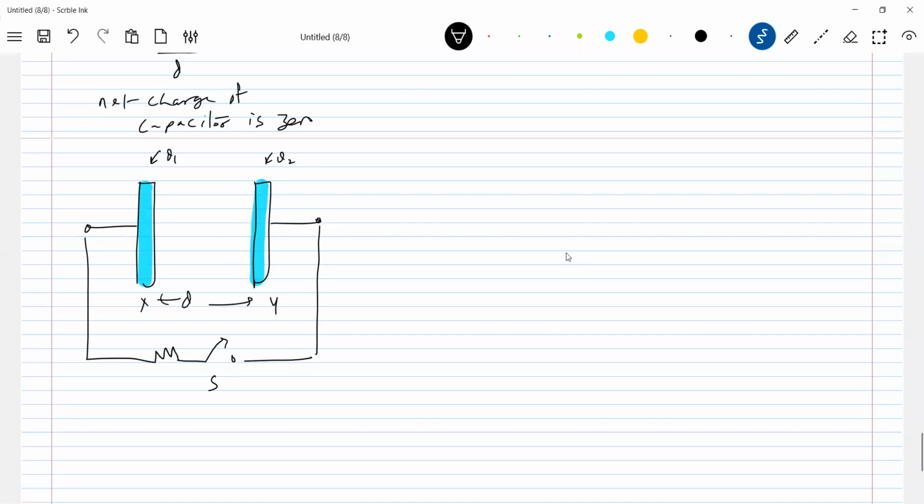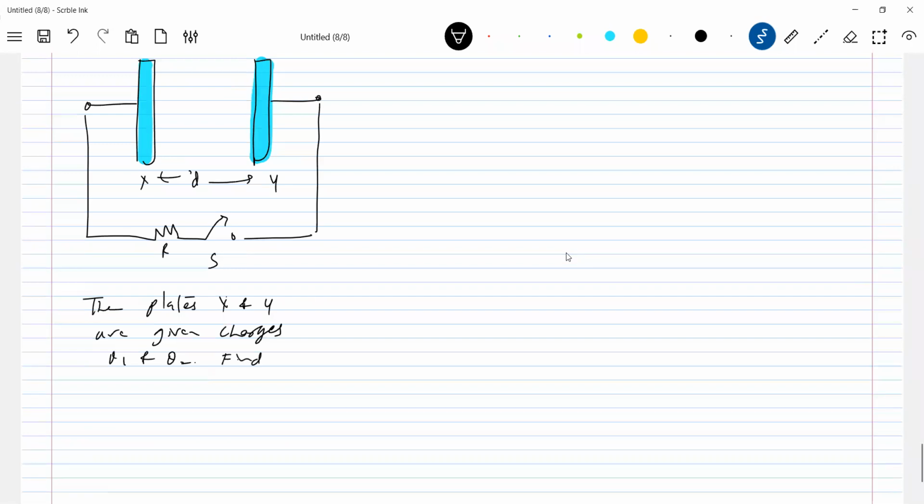There's an X, there's a Y. Plate X, plate Y. Now, what charges will be there? In the previous problem, plates X and Y are given charges Q1 and Q2. So he's asking to find the charge of the capacitor.